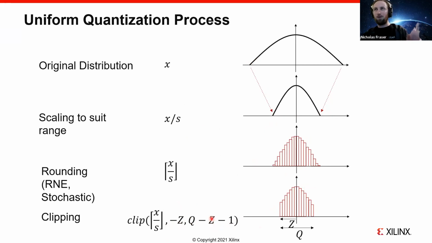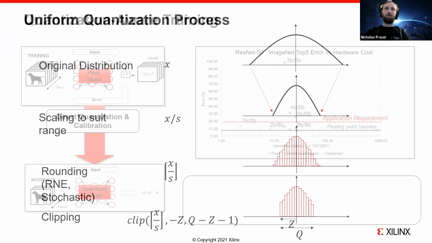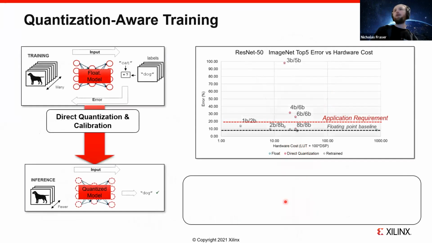Z and Z plus Q minus 1 for people who are sticklers for 2's complement, we would get the maximum values in this range represented, but we would have less resolution for what's sitting within this range. Okay, and that's a trade-off that we need to make and we need to optimize for when we're quantizing.